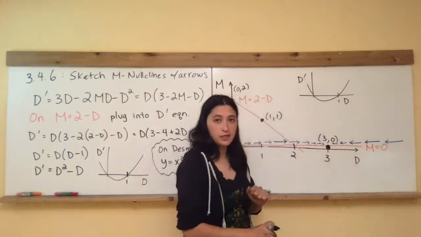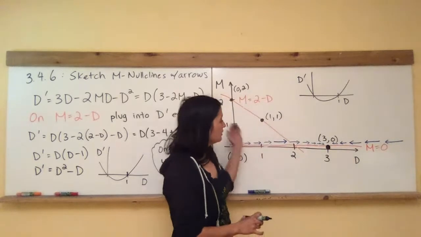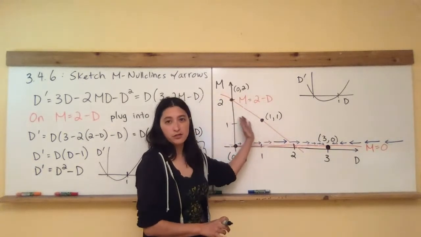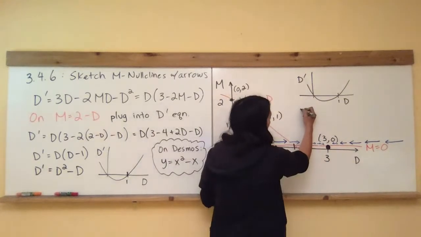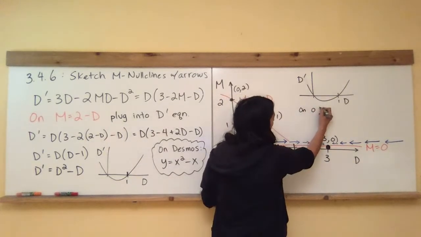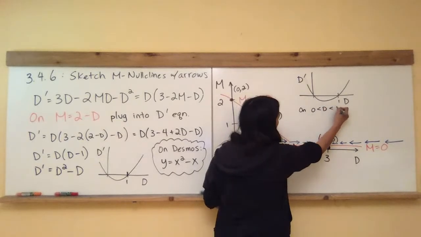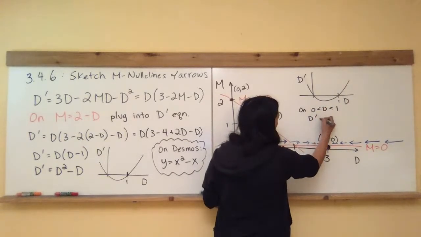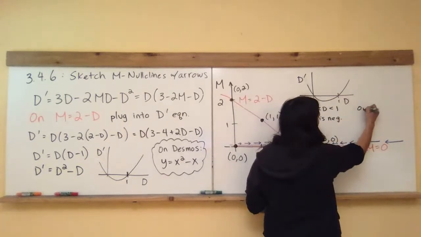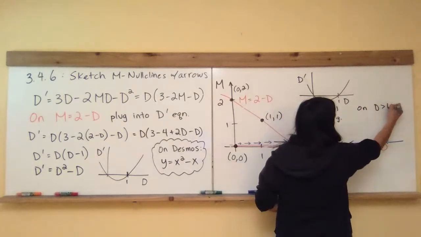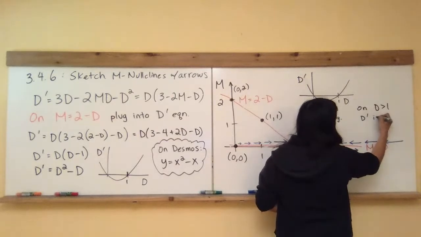Okay, so I'm going to write that conclusion on the board, and then I encourage you all to map that onto what it means about the nullcline. So on the interval between 0 and 1, d prime is negative, and on the interval where d is greater than 1, d prime is positive.